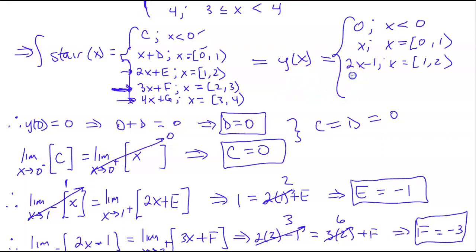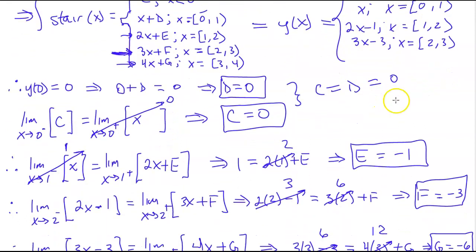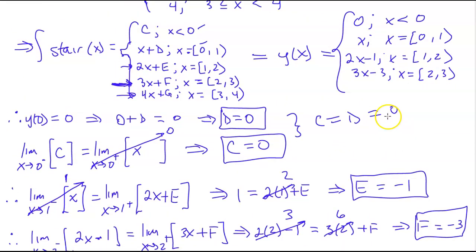Then 3x minus 3 for values of x in between 2 and 3. And the last one, g, was -6, so this would be 4x minus 6, and that would be in between 3 and 4. And that would be our final answer to this particular question.